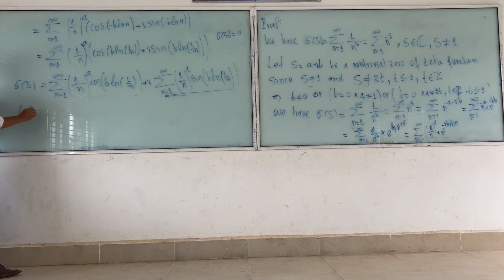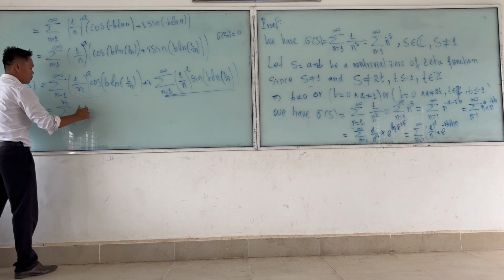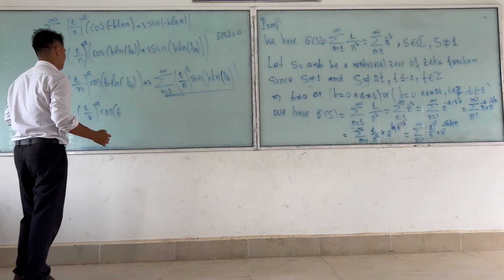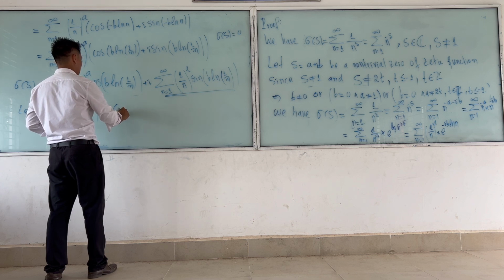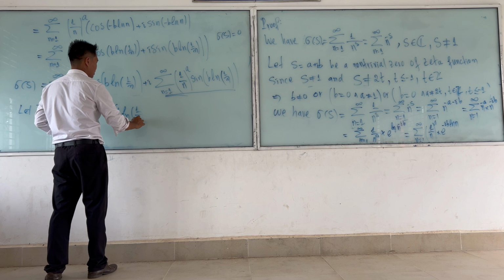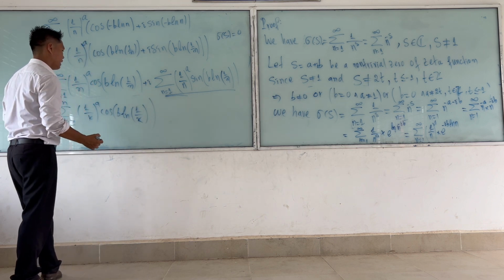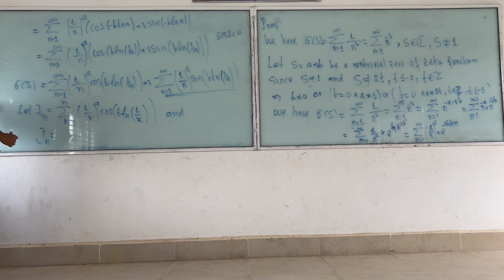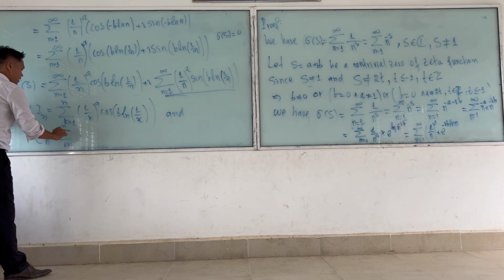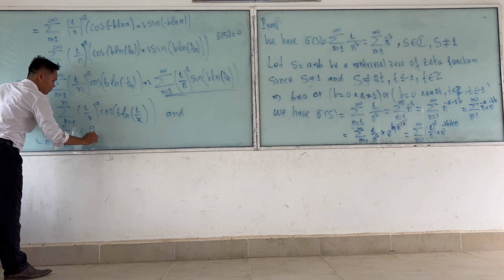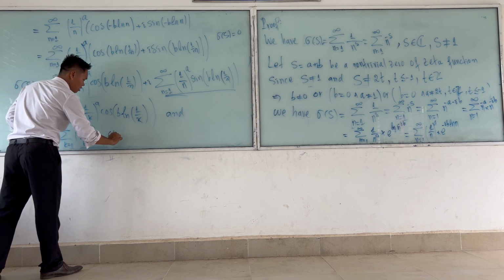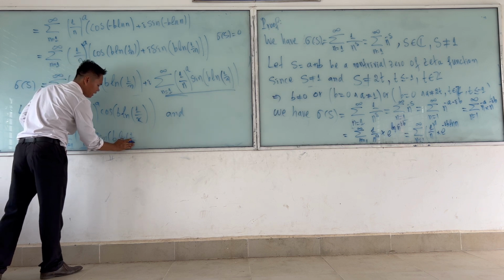Let I_n equal to the sum k from 1 to n of 1 over k^a cosine of b ln of 1 over k, and then another, J_n, equal to the sum k from 1 to n of 1 over k^a sine of b ln of 1 over k here.